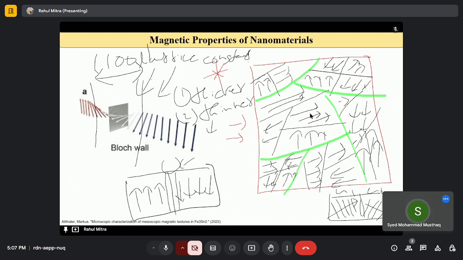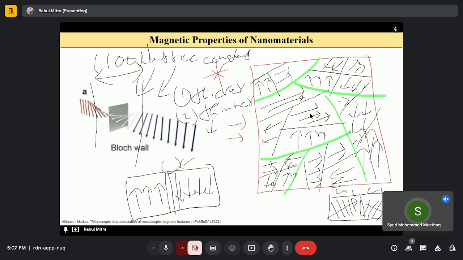But when it goes to thicker Bloch walls, the wall will have extra energy associated with it. The same goes for the grain boundary. Grain boundaries have extra free energy compared to the bulk, because of the surface. The same goes for the Bloch wall. So the thicker the Bloch wall, the higher is the energy of the system.